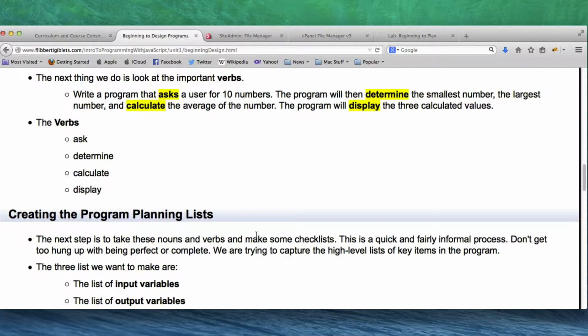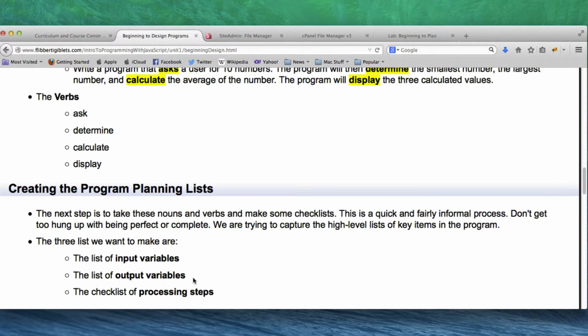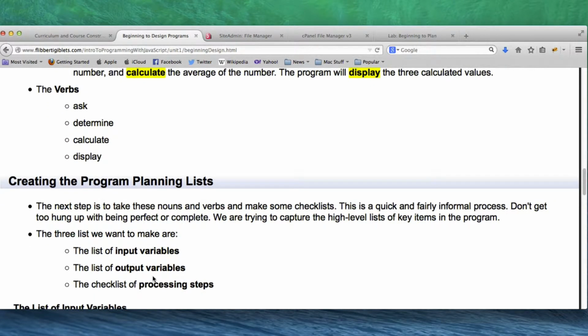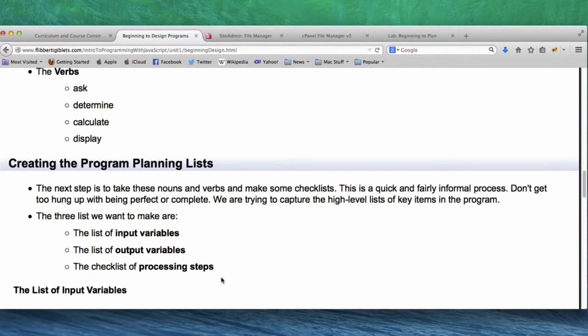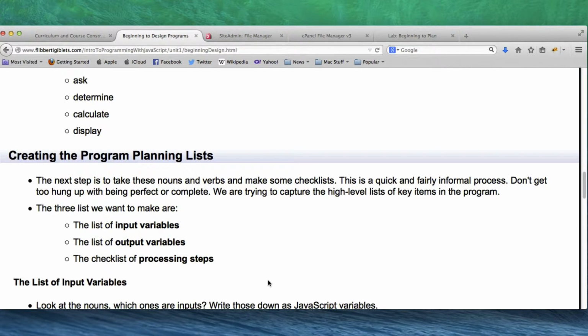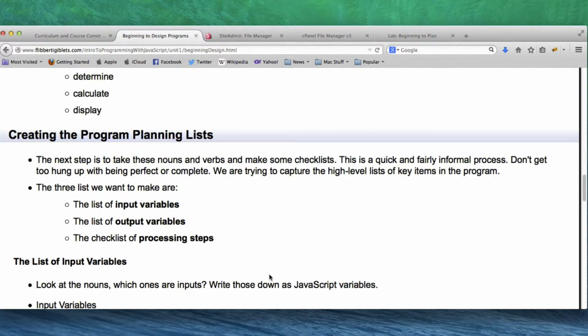And what we'll do is convert these nouns into a suitable variable name. Okay, and then the processing steps are what we want to do as far as processing goes. All right, so these are the three lists: the list of input variables, the list of output variables, and the processing steps. So let's take a look at the input variables first.